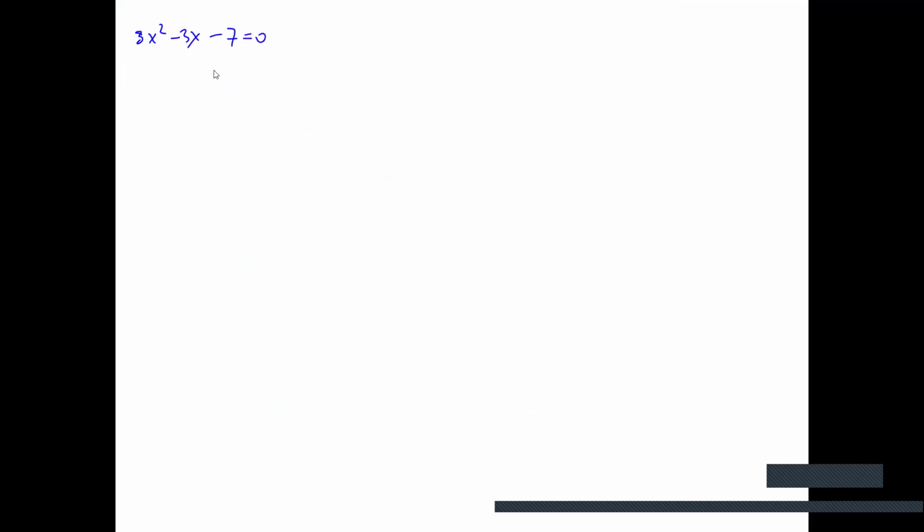So what is the first step? I take 7 to the other side. Well, it doesn't matter, I divide by A or take 7 to the other side. Let's stick to that procedure. Then what? I divide by 3 in order to make it 1 here.